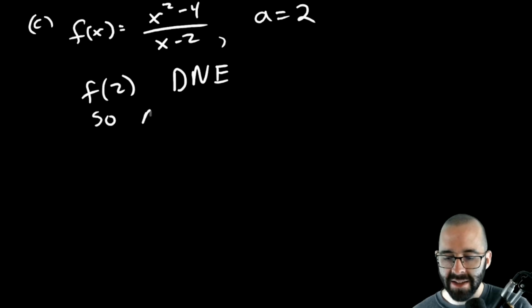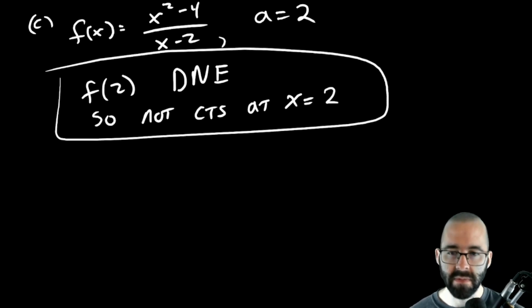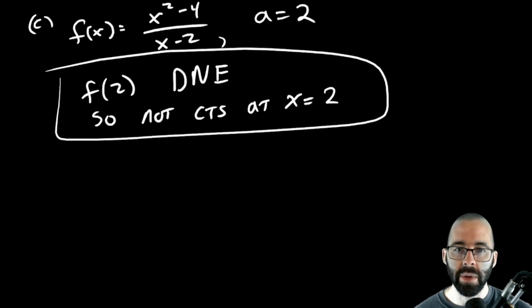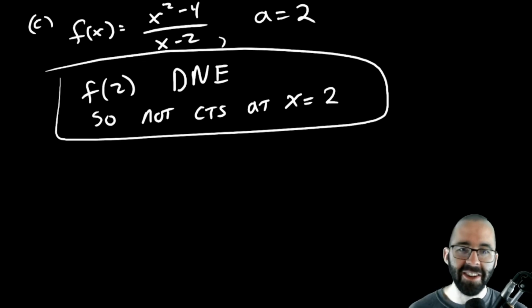So it can't be continuous. The function can't be continuous if it doesn't even exist here. Limits can exist, but continuity can't be a thing if the function doesn't exist. And there we go. That's how we prove that one. We need all three things in order for success, which means we only need one thing to fail. Just like a lot of things in life.